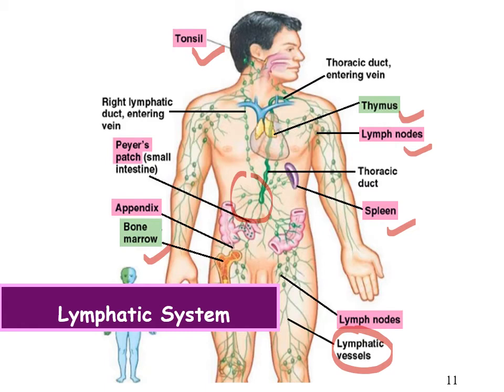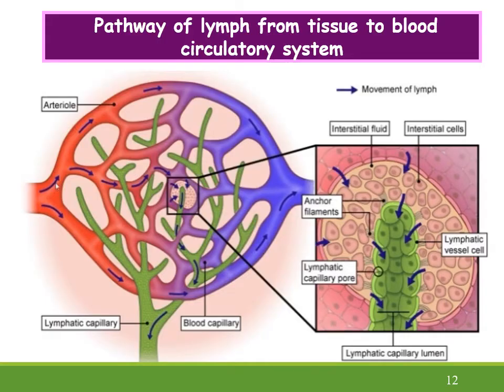So the lymphatic capillaries are the finest vessels, and those that are larger are called the right lymphatic duct, and the largest lymphatic duct is the thoracic duct. Now, the pathway of lymph from tissue to the blood circulatory system.